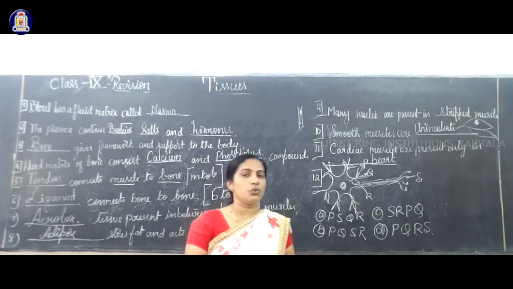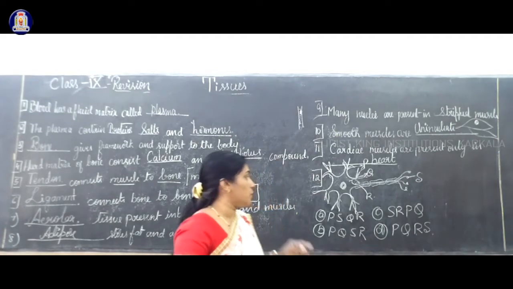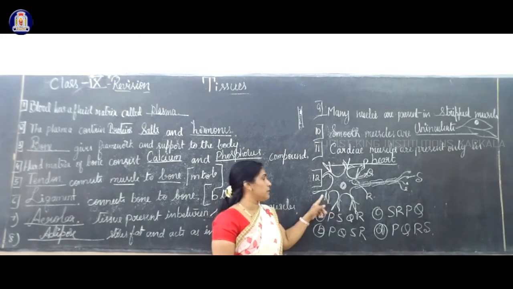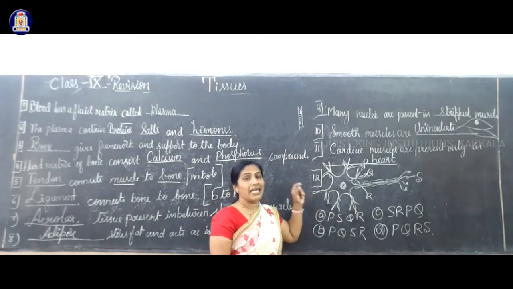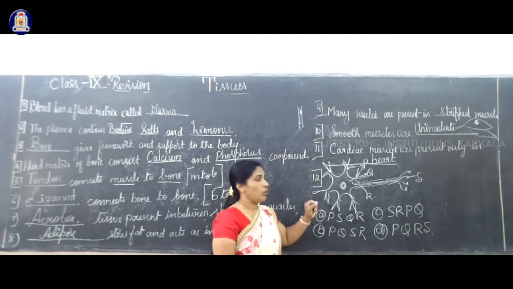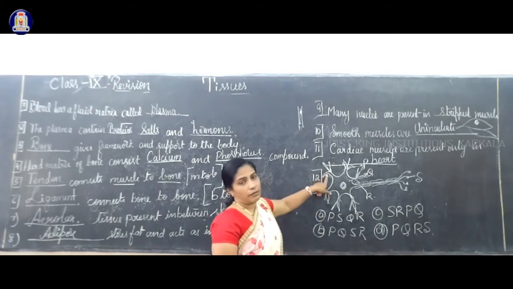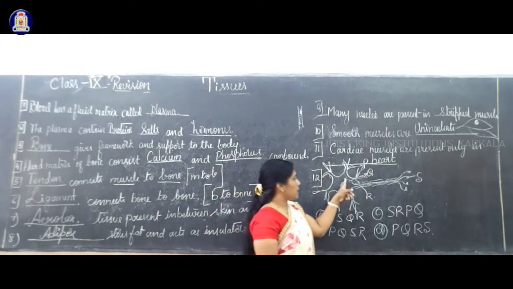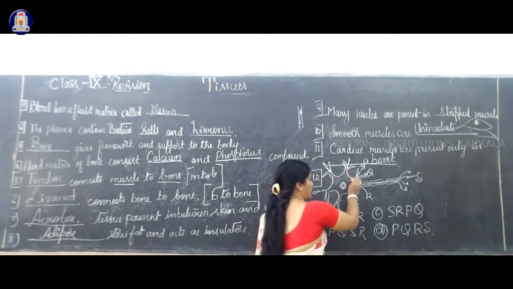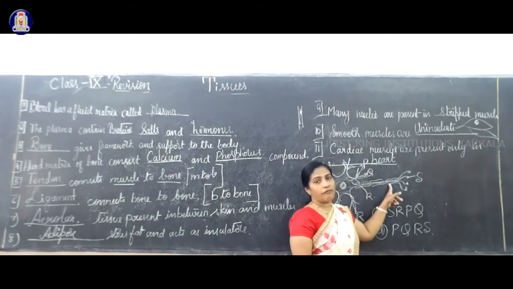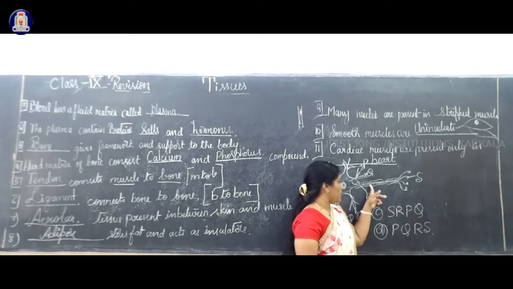A nervous tissue consists of a special cell called neuron, a special tissue, nervous tissue. So in this, how does the electrical impulse flow? For example, the dendrite receives the information, then the cell body, this is called the cell body, with the nucleus. A long fiber is called the axon.